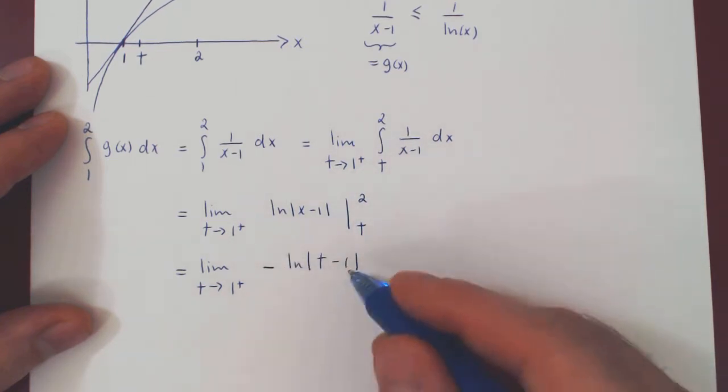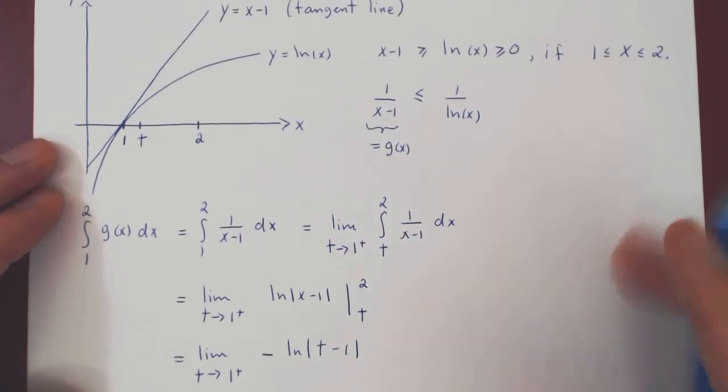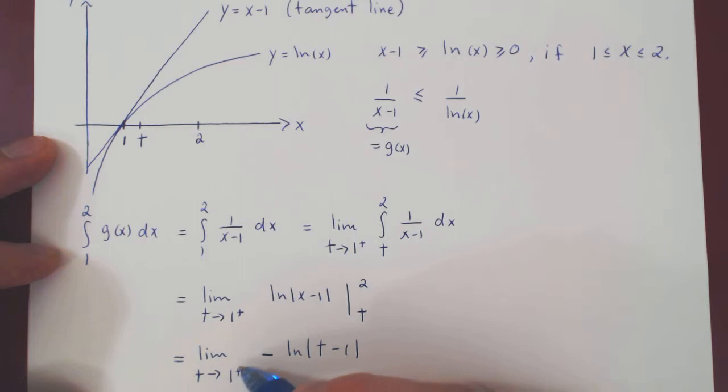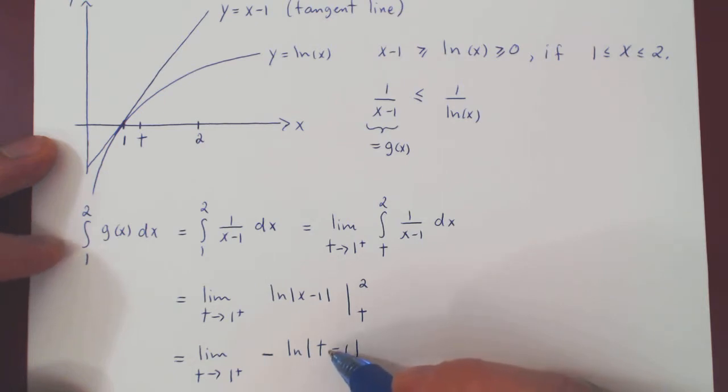Well, what is this limit? Let's look back at the graph of ln. As t approaches 1, t minus 1 will approach 0. 1 minus 1 is 0. We have here the absolute value, so it's clearly going to be positive. So it's 0 plus.